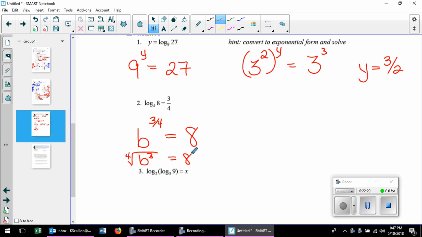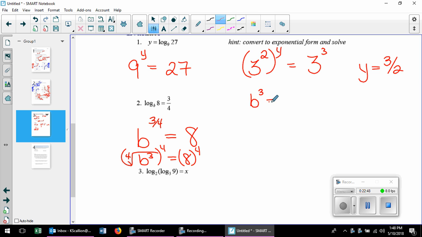Sometimes it's easier to see if you were to do that. So how do I get rid of a 4th root? I'm not cubing it, I'm fourthing it. You like that? Okay. The exponent of 4. Sounds better than root.